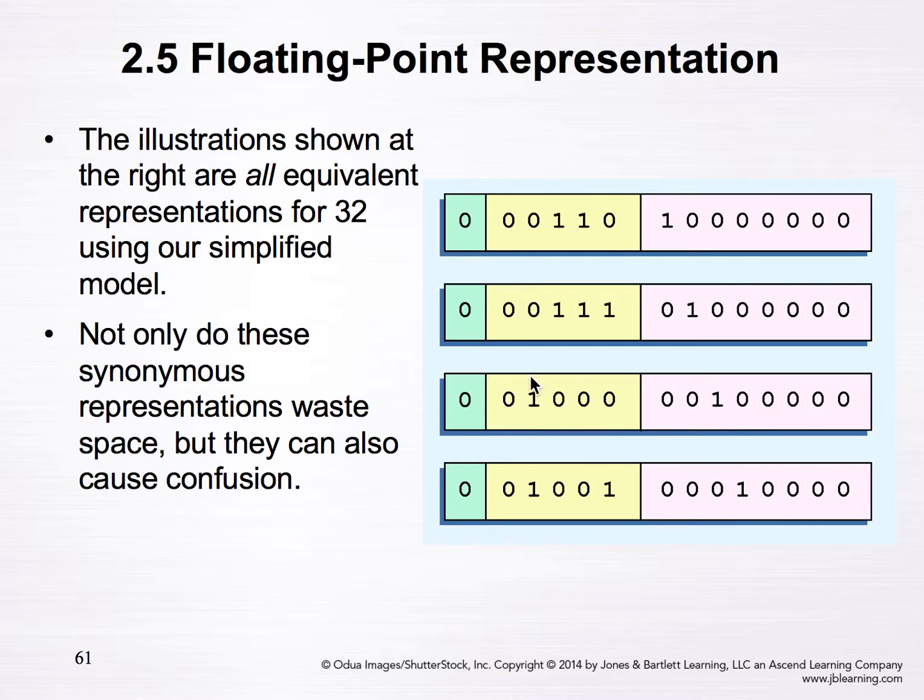Also by 2 power 8 times 0.001, and also by 2 power 9 times 0.0001. Okay, so all of them are equivalent; all of them represent the value of 32 in decimal. So having different ways to represent a number not only wastes space, but also can cause confusion.